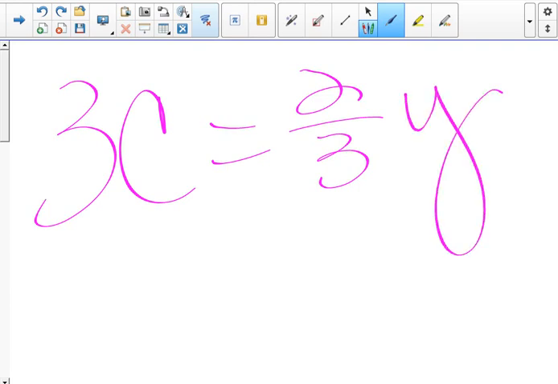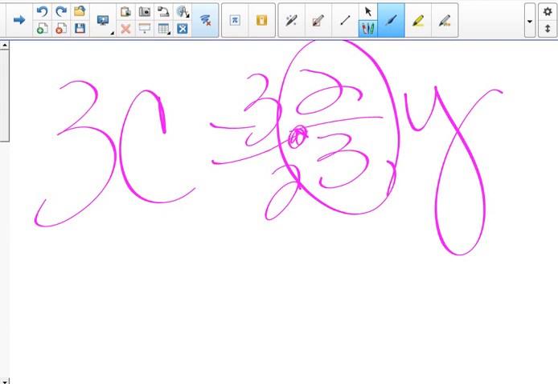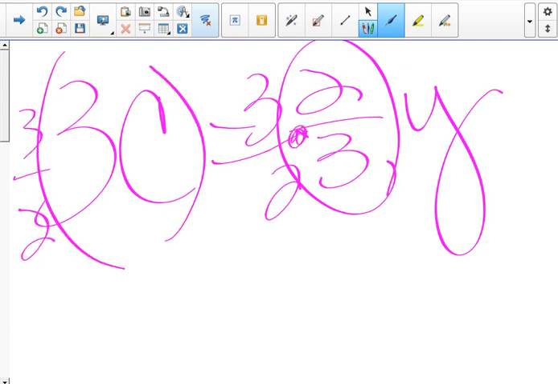But if I ask you to solve this for y in terms of c, well, you've got to get rid of this fraction. How do you get rid of fractions? Does anybody remember? Multiply by its reciprocal. So flip it. So multiply by 3/2. Just flip the numerator and denominator, and then you would multiply this whole side by 3/2. And they cancel out, because 3 times 2 is 6, 2 times 3 is 6, and 6/6 is 1. That's how it goes away.